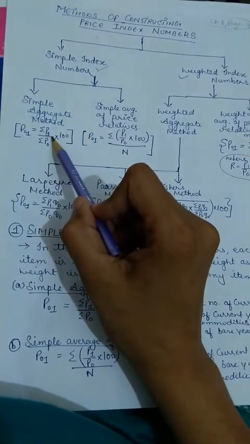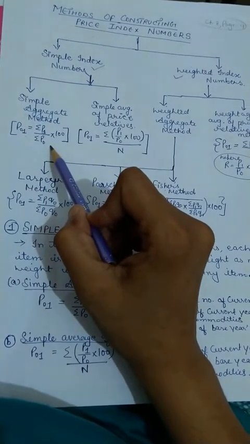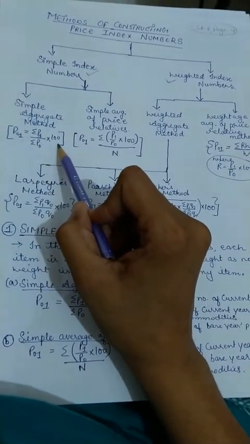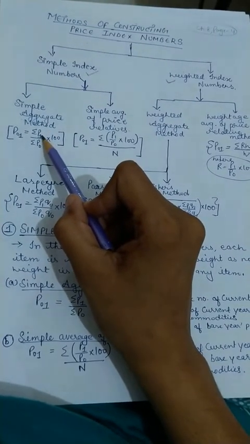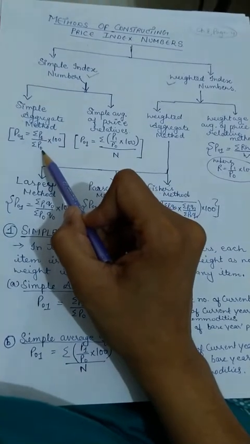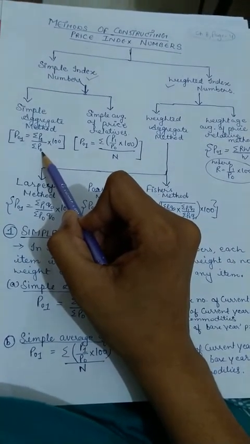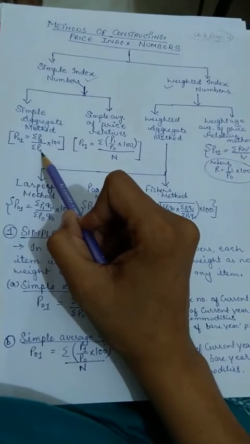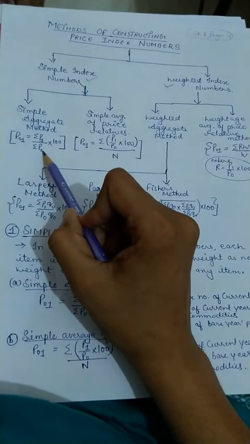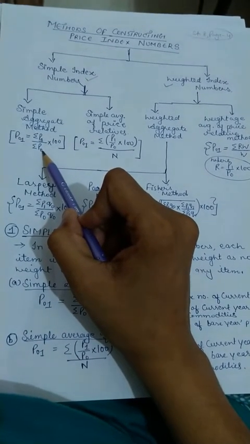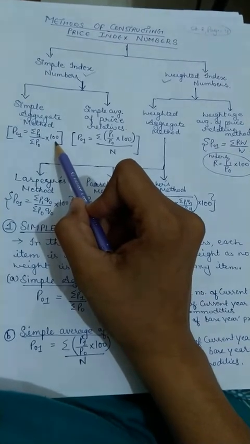The formula is sigma P1 upon sigma P0 into 100. Sigma means total of all the values of P1 and here it means total of all the values of P0. And बच्चा, P1 is the prices of current year, P0 are the prices of base year, then you will multiply it by 100.